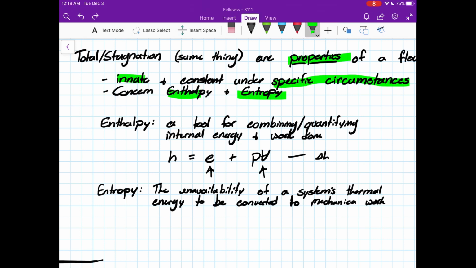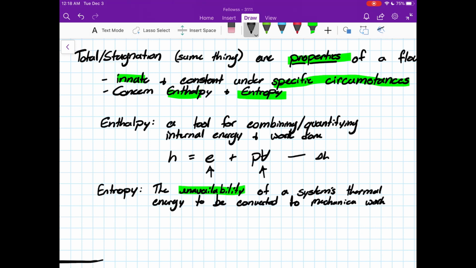I haven't actually seen that before, but I think unavailability is a really good word for this because if there's energy in a system and then there's friction or something like that, while you're looking at a system that encloses some smaller system, that heat is still there, but you can't do anything with it, right? It's kind of lost its usefulness.